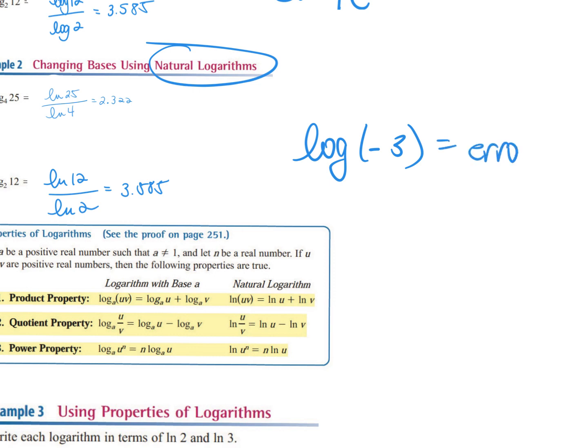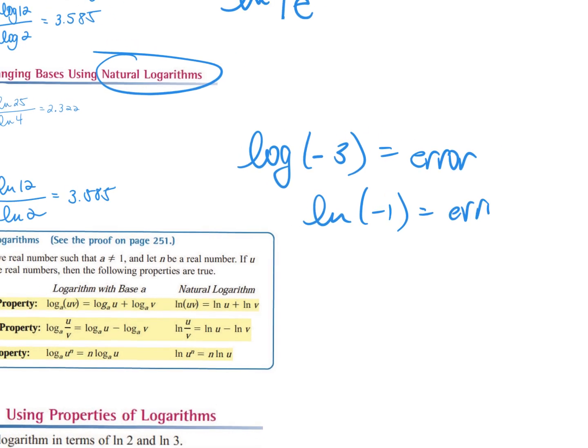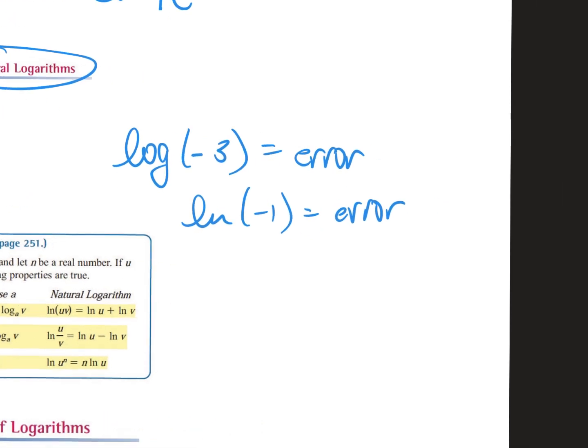What about if you take the natural log of negative 1? Error. I need you to understand something. If your calculator tells you error, it could be because you input something wrong. But in the case of log and natural log, what can you deduce from this little experiment we just did?